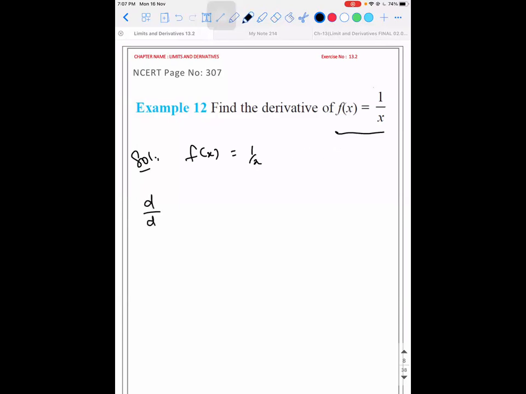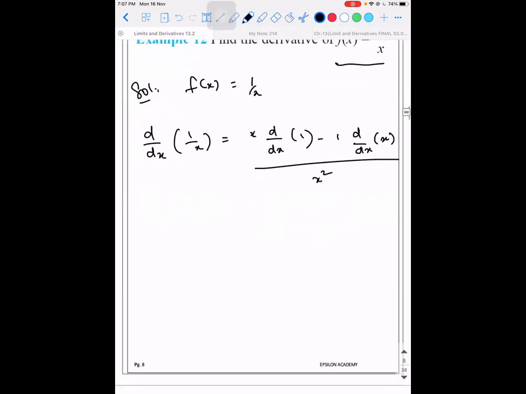You have missed a sign. So minus 1 by denominator, x square, sir. Yes, minus 1 by x square. Denominator into derivative of numerator minus numerator into derivative of denominator, by denominator square. x into derivative of 1 is 0, minus 1 into derivative of x is 1, divided by x square. So it will be minus 1 by x square.